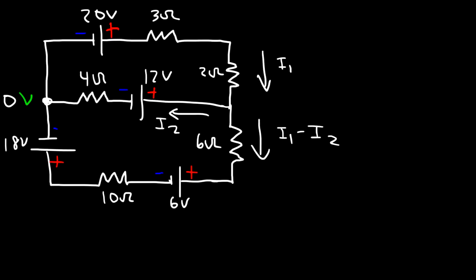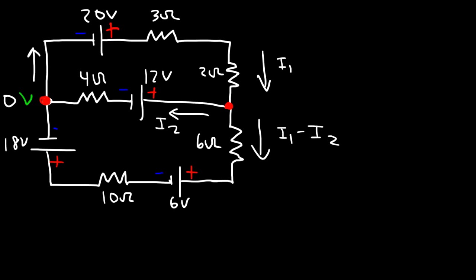So I'm going to define the current going this way, which is going to be I1 minus I2. And let's see what happens in this example. Now before we begin, there's something else that we need to talk about. Perhaps you've noticed that there's two junctions, and we really don't need to take into consideration this junction, because the current that flows through the 2 ohm resistor is the same current that flows in that part of the circuit.